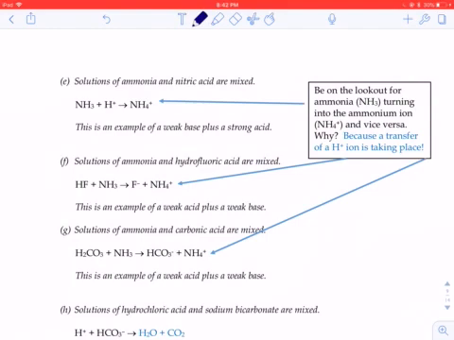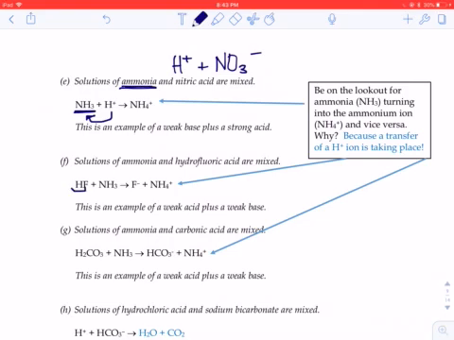If you have ammonia, NH3, and nitric acid, H plus, NO3 minus, that nitrate is going to end up being another spectator ion. It's going to cancel out and go away. But once again, you can see this H plus is moving over and forming that ammonium ion in all of these examples.